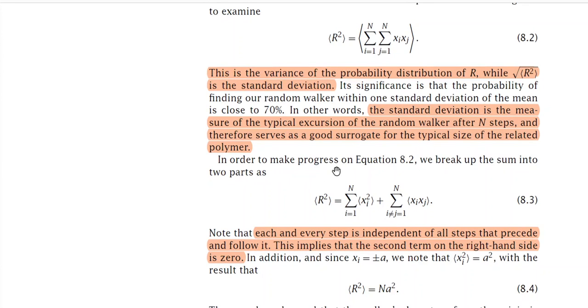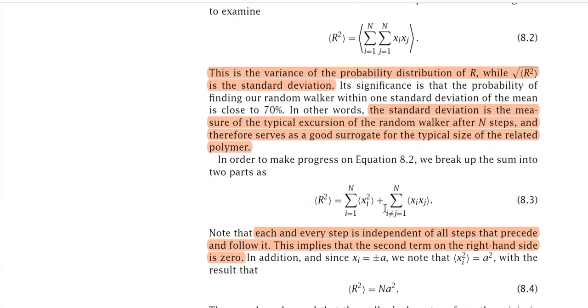In order to make progress on equation 8.2, we break up the sum into two parts. So, the right hand side has been separated into two different parts. The first part is for i equal to 1 to n, and this is xi square.